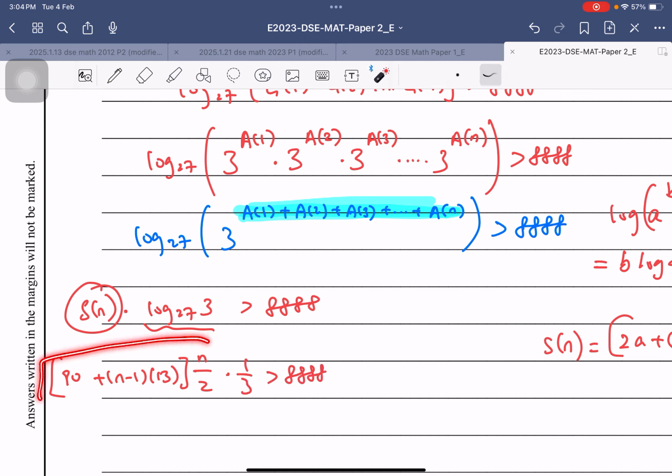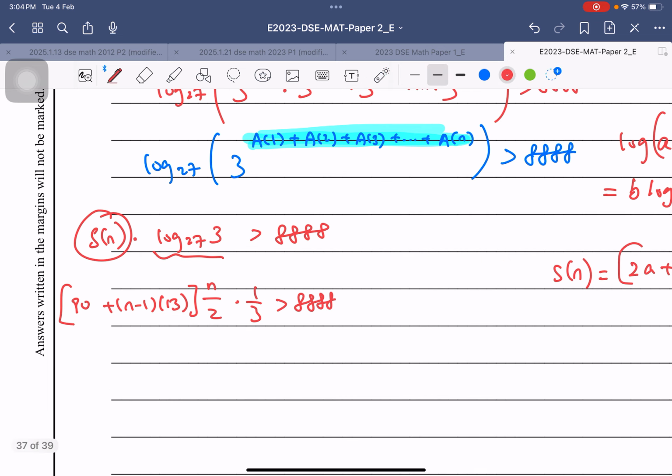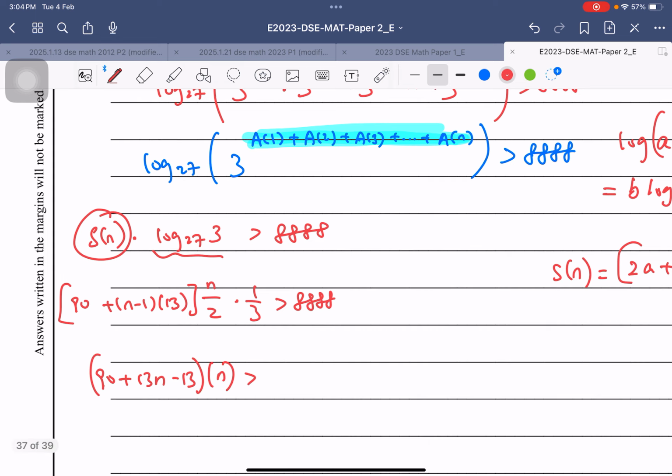Now this is the numerator, this is the denominator. I times the denominator here. 2 times 3 giving you 6. So now I have 90 plus 13 times n giving you 13n. 13 times negative 1 is negative 13, times n greater than 8888 times 6, giving you 53328.